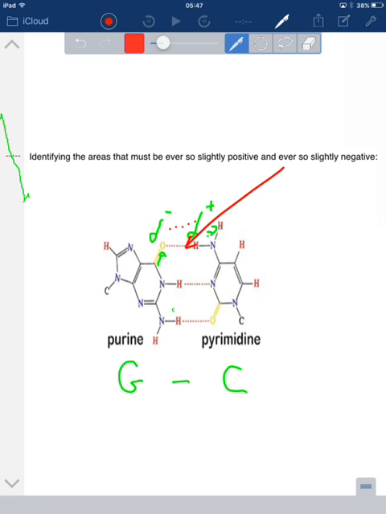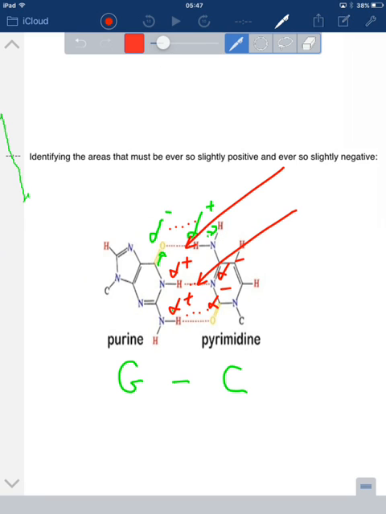Likewise, here we have a hydrogen bond between hydrogen and nitrogen. Hydrogen is going to be delta positive, nitrogen is going to be delta negative, and then there's the hydrogen bond. And lastly, same again, we have hydrogen, which is going to be delta positive, and oxygen, which is going to be delta negative, and then another hydrogen bond.